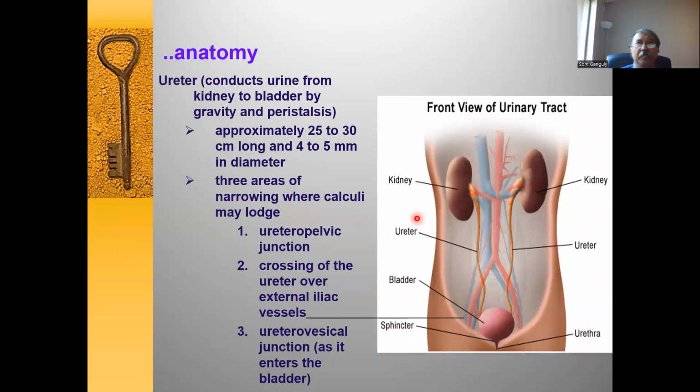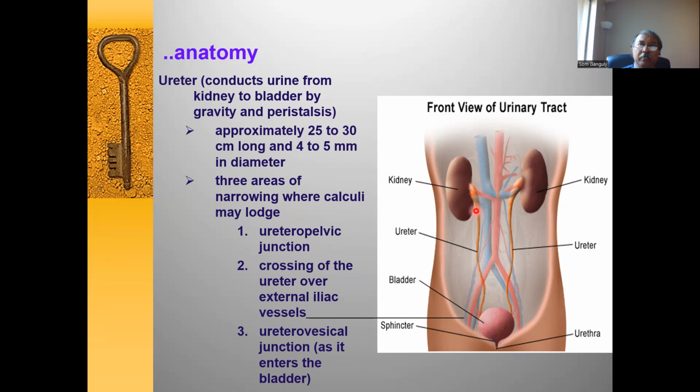The ureter, as it comes out from the renal pelvis, is about 25 to 30 centimeters long, with a diameter at the start of about 5 millimeters, and then it narrows down when it enters the bladder.